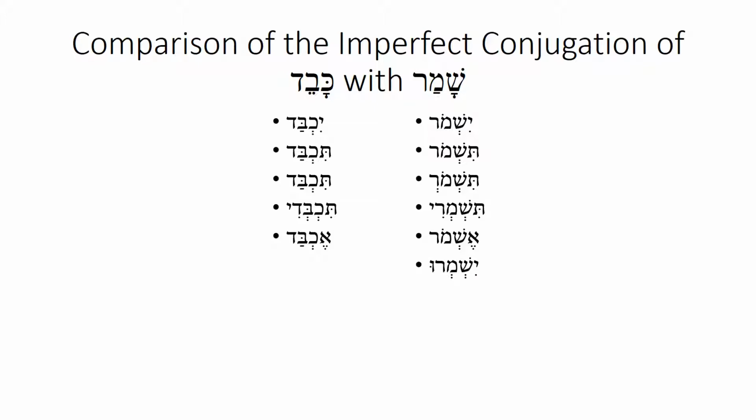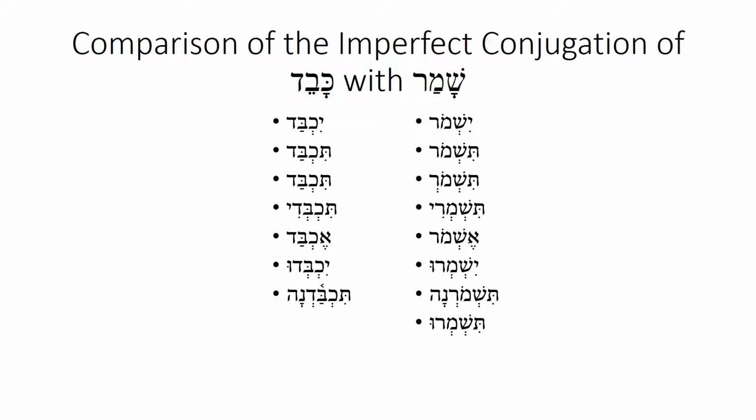We don't see it in the third person masculine plural, yishmeru and yikbedu, but we do see it in the third person feminine plural. Tishmorna goes to tikbadna, and again, rather than a holem under the second root consonant, we have a patha.